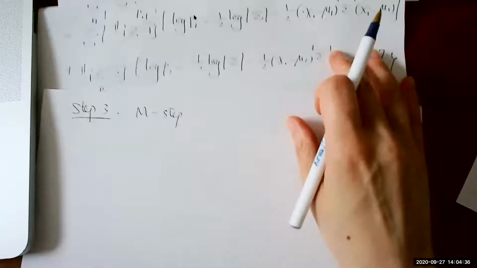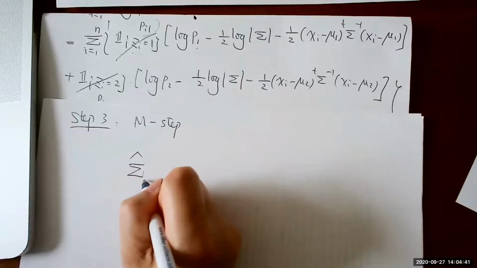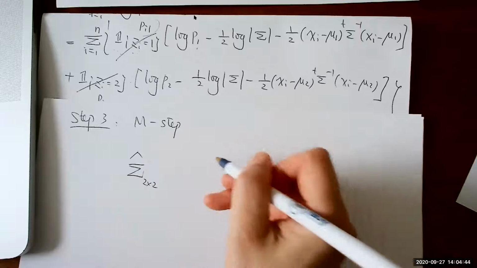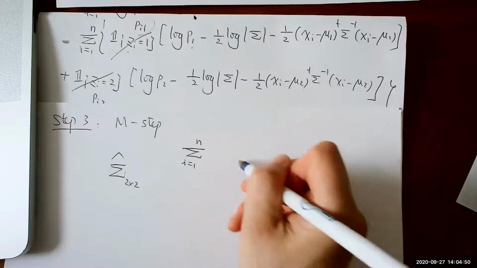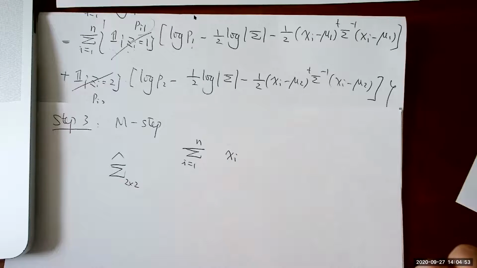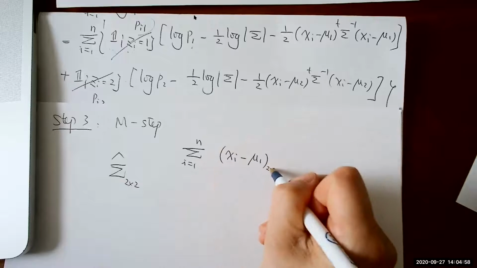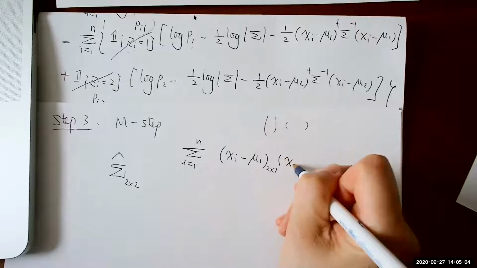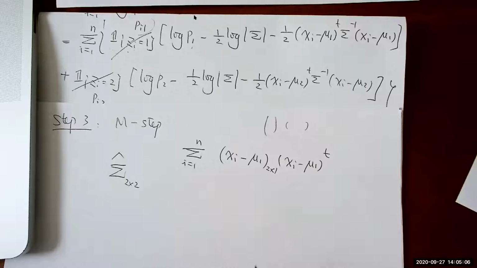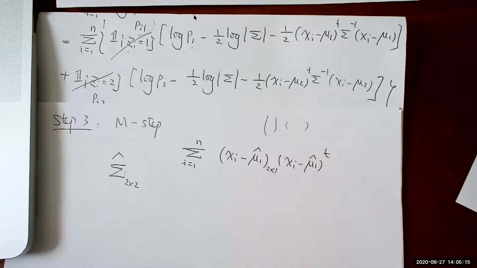Sigma is 2 by 2, 2-dimensional. We know how we compute the sample covariance matrix: yi minus its mean is a 2 by 1 column vector, and you multiply it by its transpose. Usually we divide by n or n minus 1, depending on whether you want the MLE or the unbiased estimator.